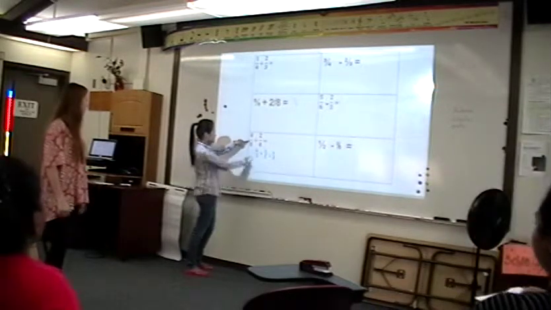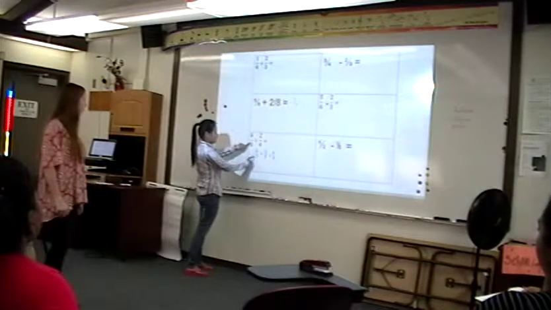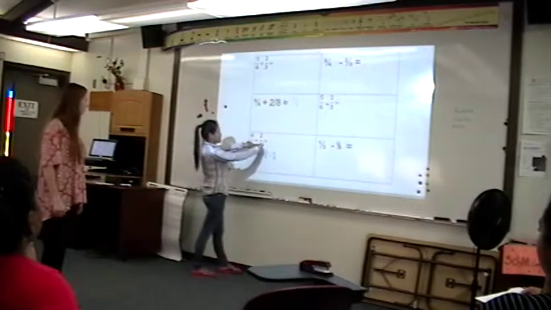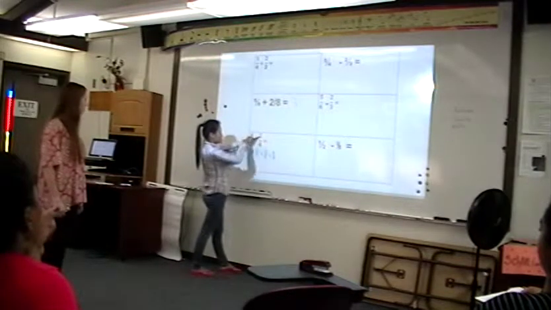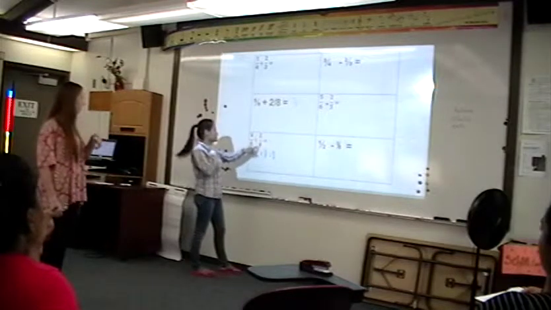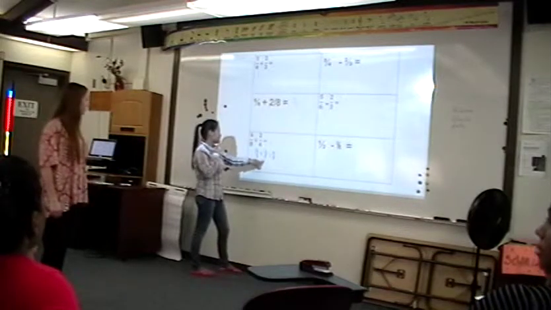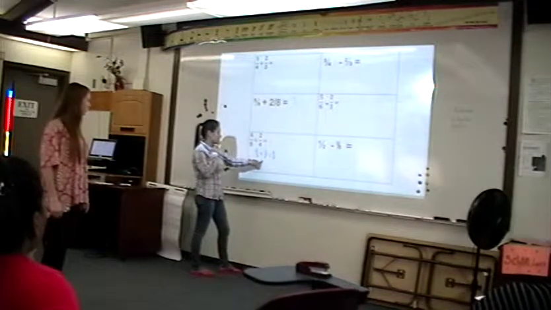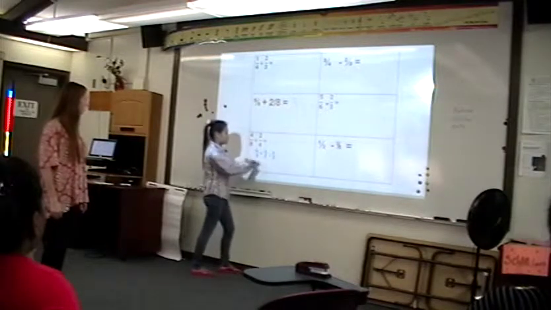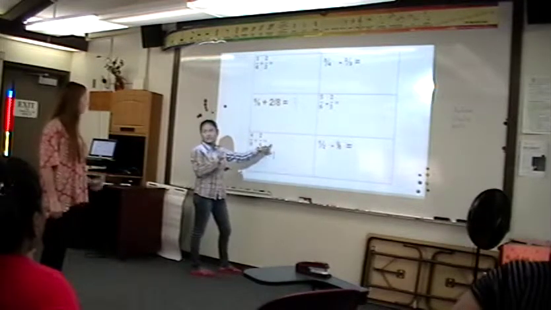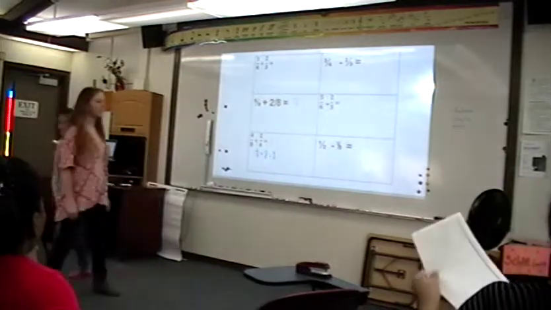So this one is times 2, and then this one needs to be times 2, because whatever you do to the bottom, you have to do to the top. So we need to add it together, it's 8 divided by 8, so it's 1. Perfect. Thank you so much.